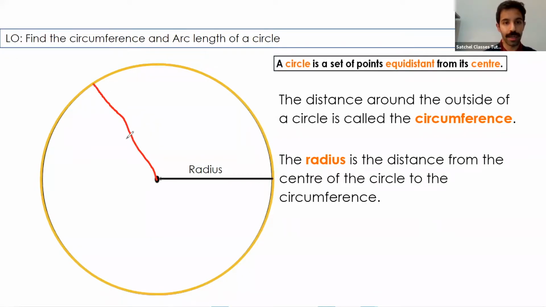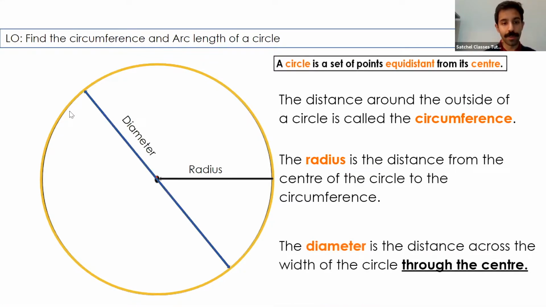That should be a straight line, so I do apologize, it's a little bit wonky, but the distance from the center to the circumference will always be the radius. This red line here, if it was a straight line, will also be a radius. And then the distance from one part of the circumference to another part of the circumference, cutting through the center, will be the diameter. So this is what a diameter would look like.